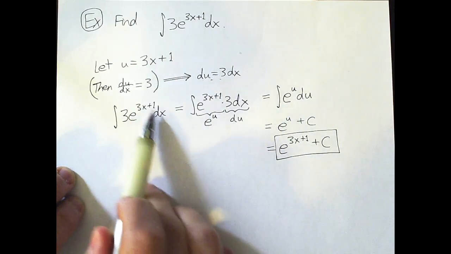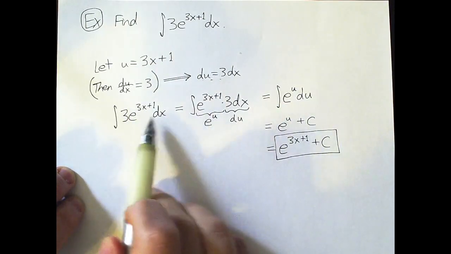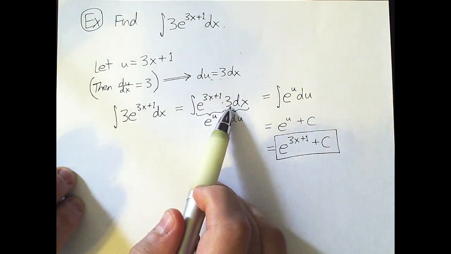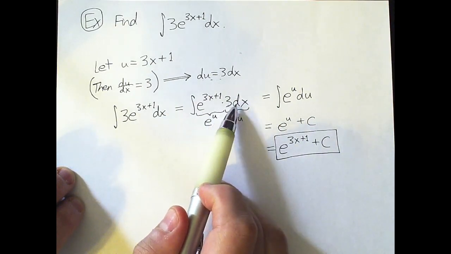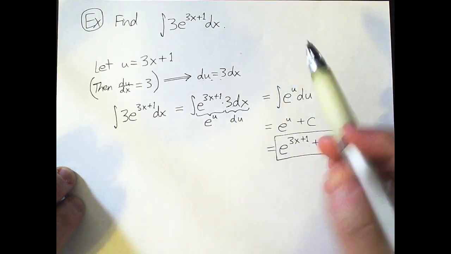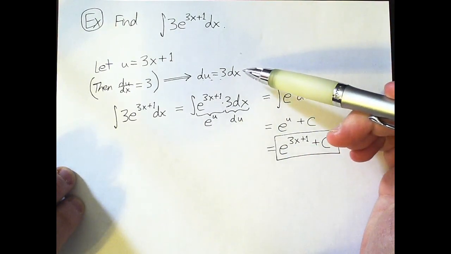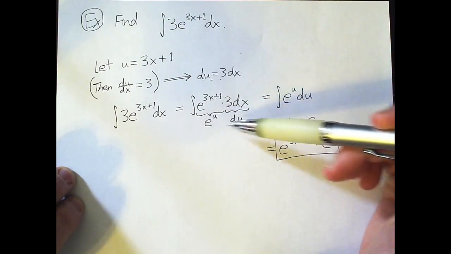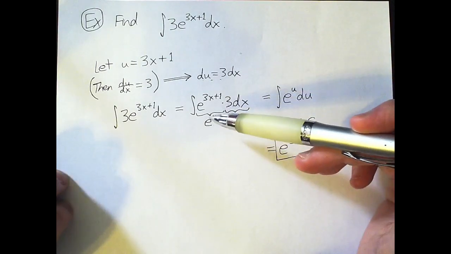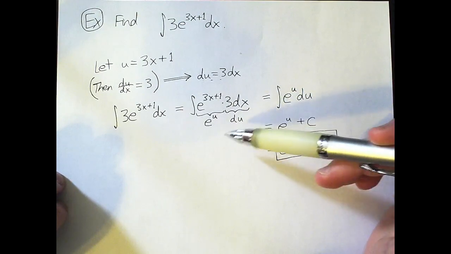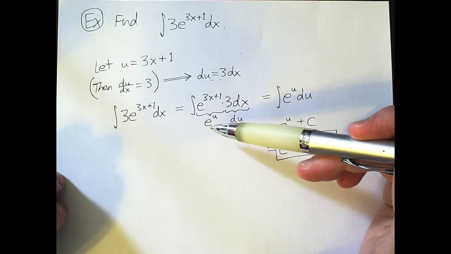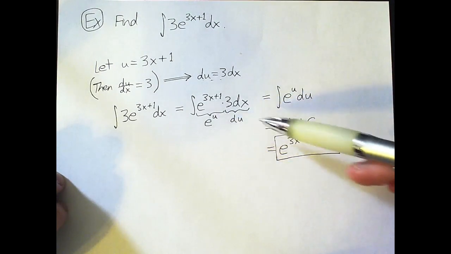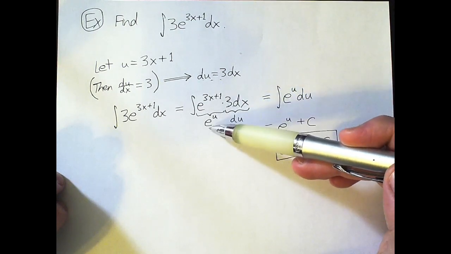Now, then we took the original problem. I like to do this step of rearranging the original problem. Like, I put the 3 and the dx next to each other because 3 dx is du. And I like to write it underneath like that. You don't necessarily have to write it exactly how I do. But this is showing me what part I'm going to substitute u in here.